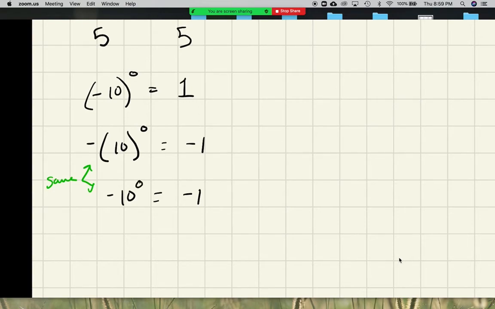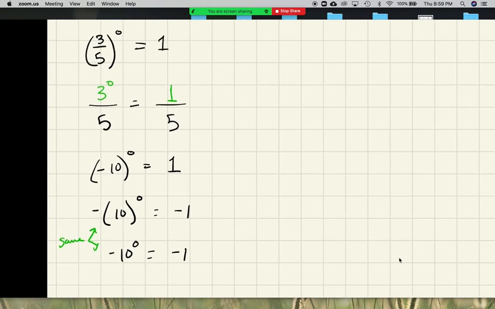If it was like that, the 0 is attached to the 10 first, and then the negative doesn't even know about it, so you keep the negative on. Here, the 0 is attached to the parentheses, and whatever's inside just gets dealt with by the 0. So 10 to the 0 would be 1, and then the same idea.